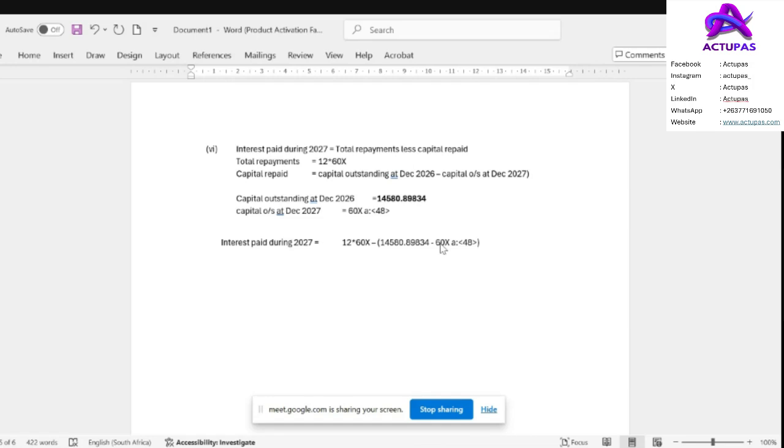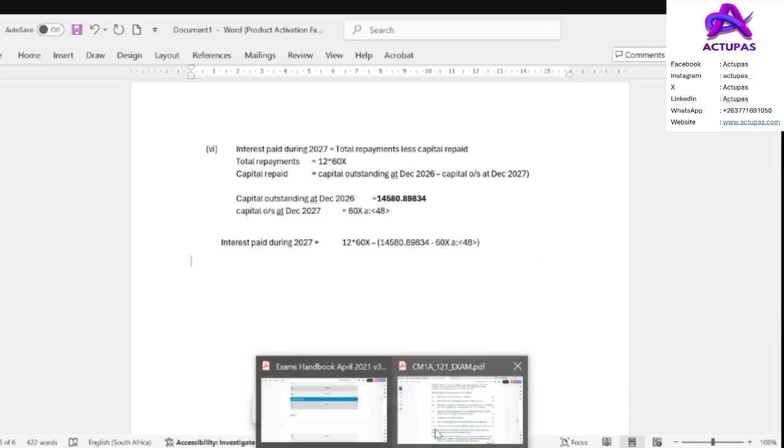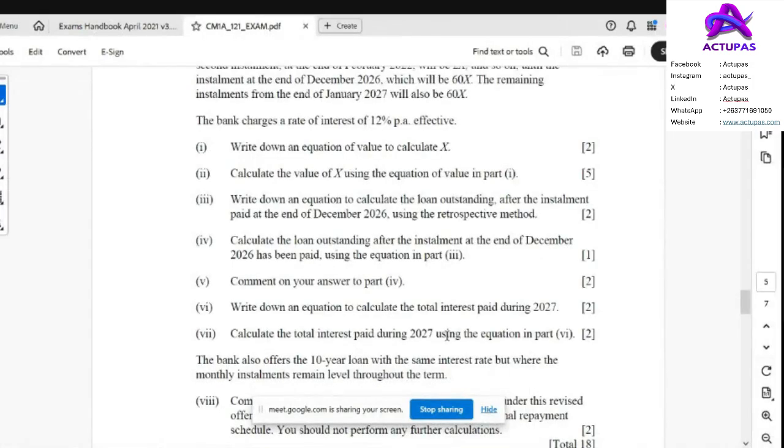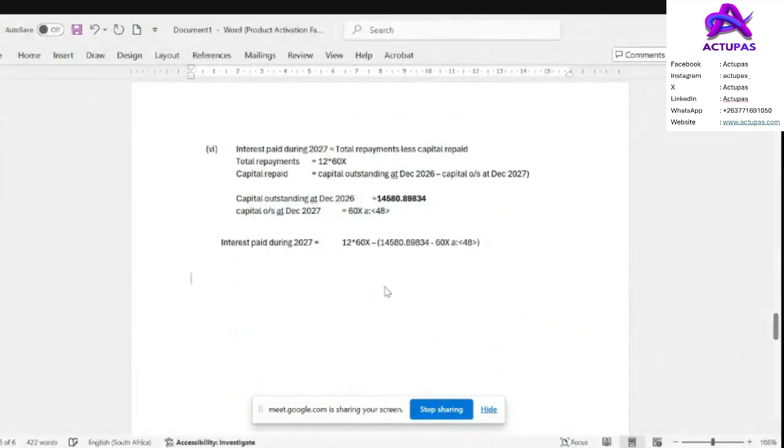That would be your equation. And the next part reads, calculate the total interest paid during 2027 using that equation. So we want to then use that equation.